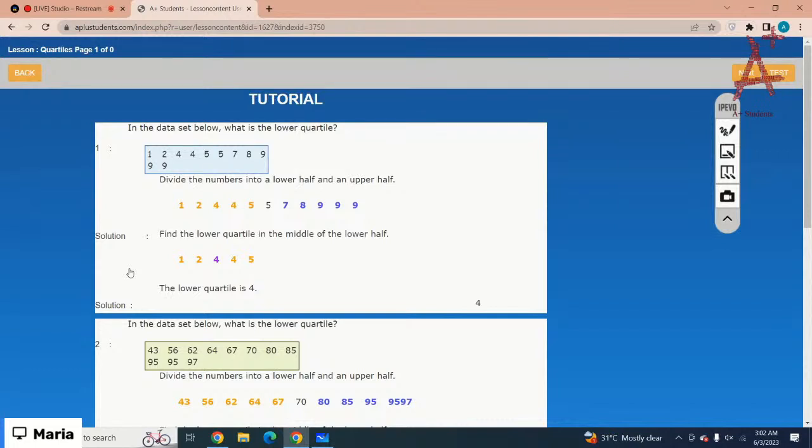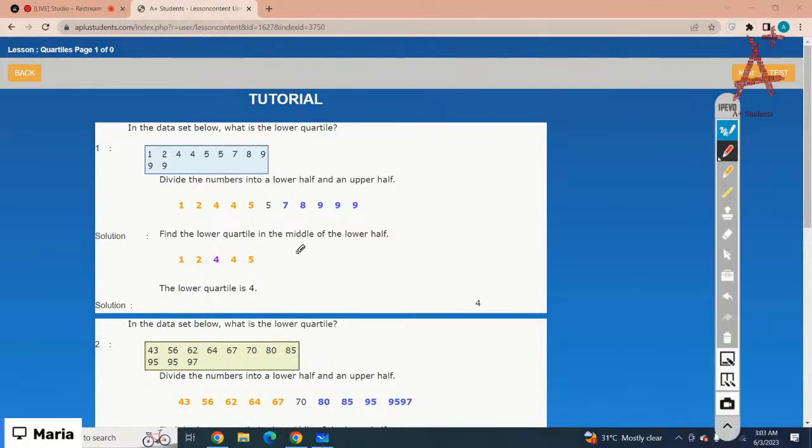Got it? So here you can see the 5 is the median. And the data before the median is the lower half, and the data after the median is the upper half.